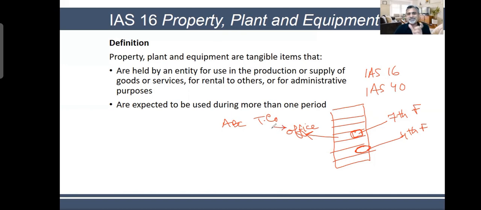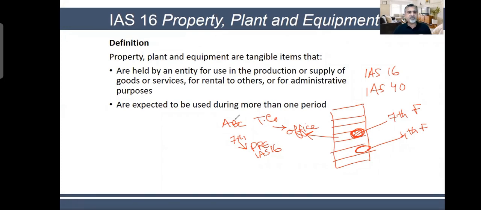So ABC Trading Company is the owner of this thing, and ABC Trading Company runs its activities from this office on the 7th floor. So the 7th floor office is actually being treated as property, plant and equipment, which is IAS 16.